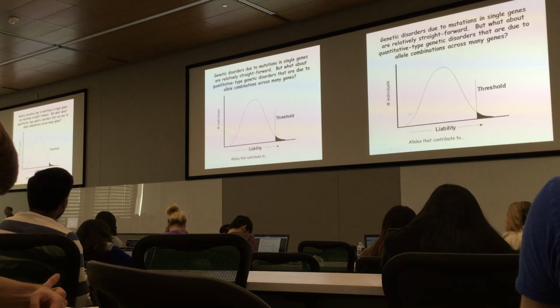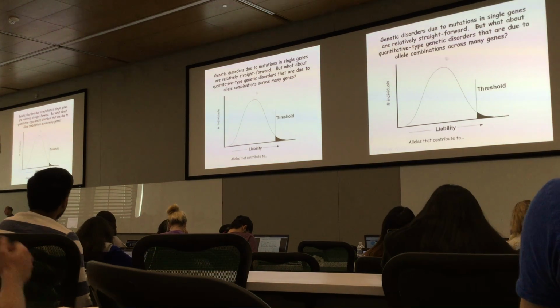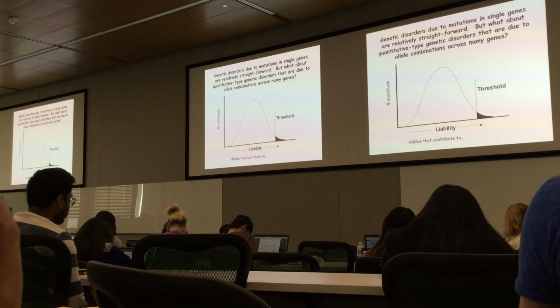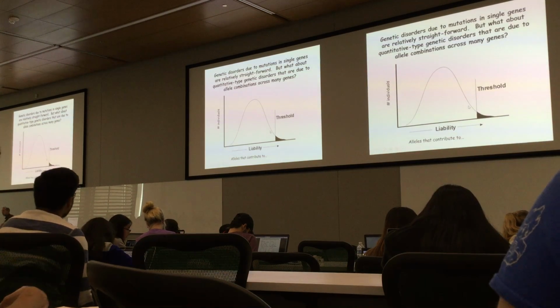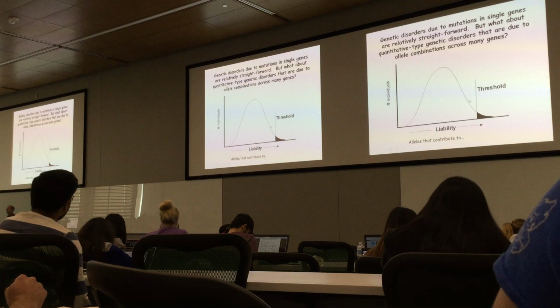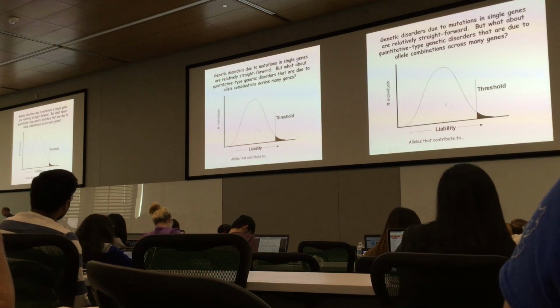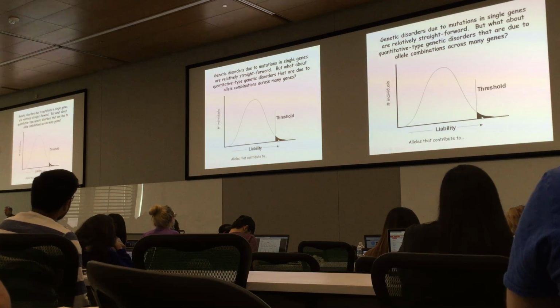Some people have a collection of alleles that places them far away from one of these complex disorders over here. Other people are more in the center, and other people may be across some threshold. And if there's a genetic component to some of these, and it's lots and lots of genes, it just so happens some individuals get a collection of alleles that tend to put them over here towards a more liable spot on these phenotypic curves, and other people are over here.